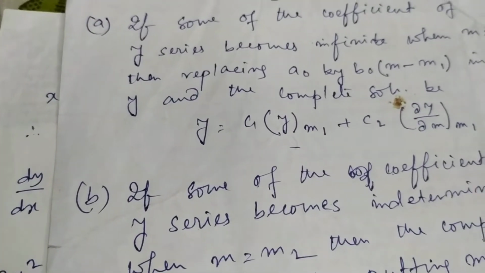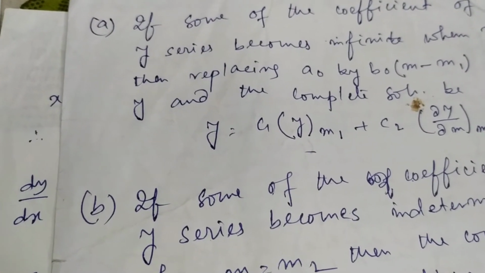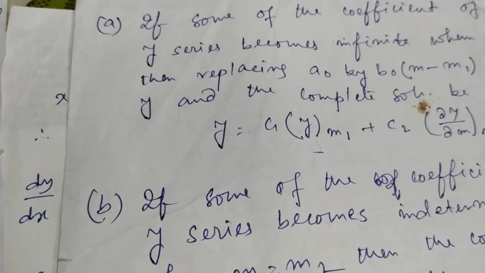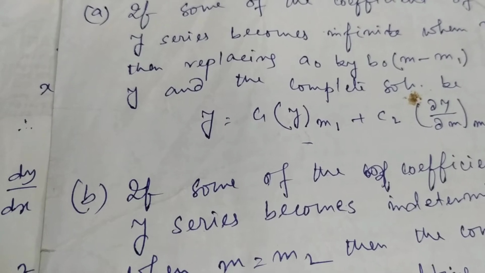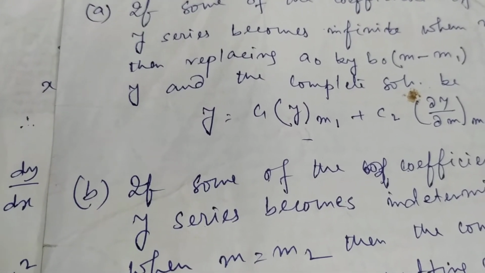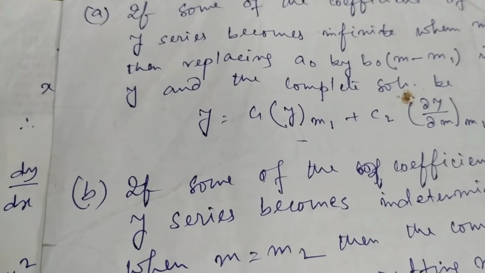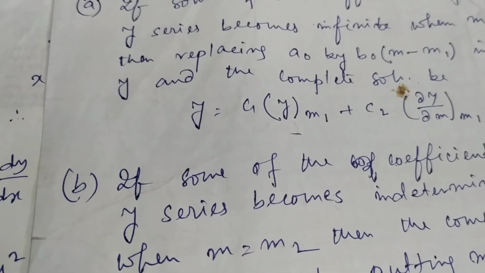Here the solution corresponding to m equal to m2 is a constant multiple of the above solution.